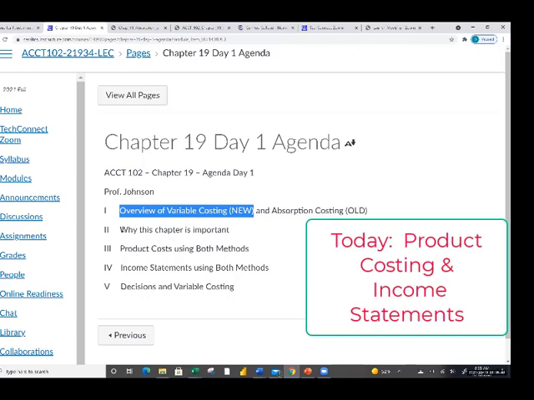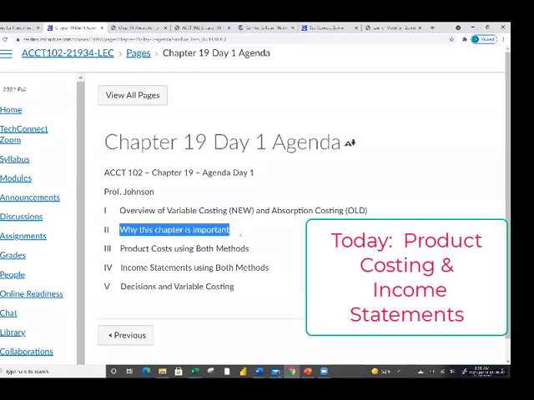But this chapter is important because this whole class, managerial accounting, is mostly about internal decisions to be made internally. So we don't have to be in accordance with GAAP. We don't have to do things because GAAP says we have to. We're more interested in helping management make wise decisions internally. That's why this chapter is important.